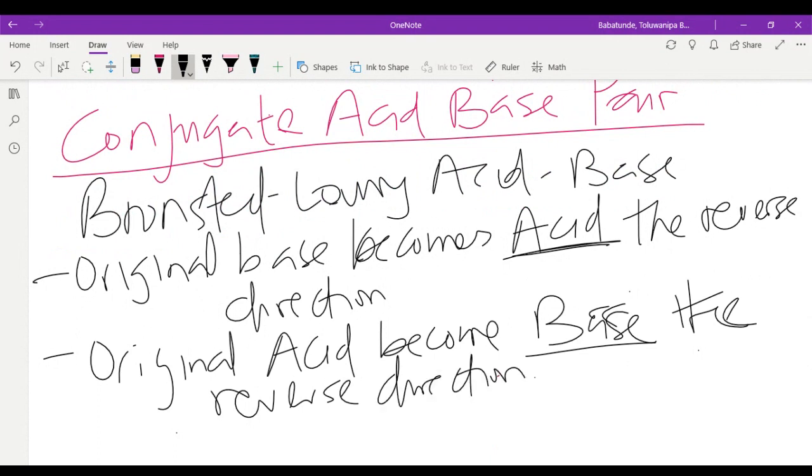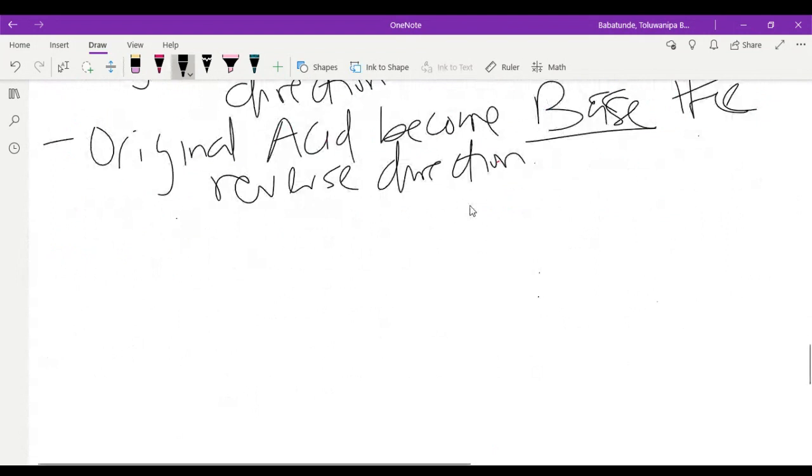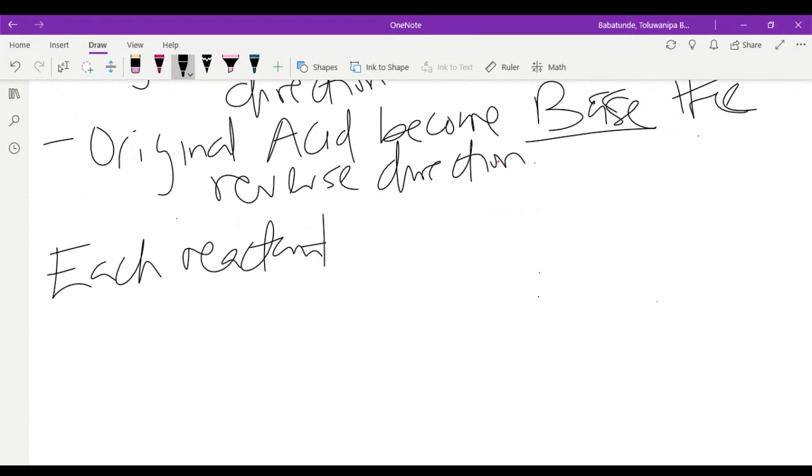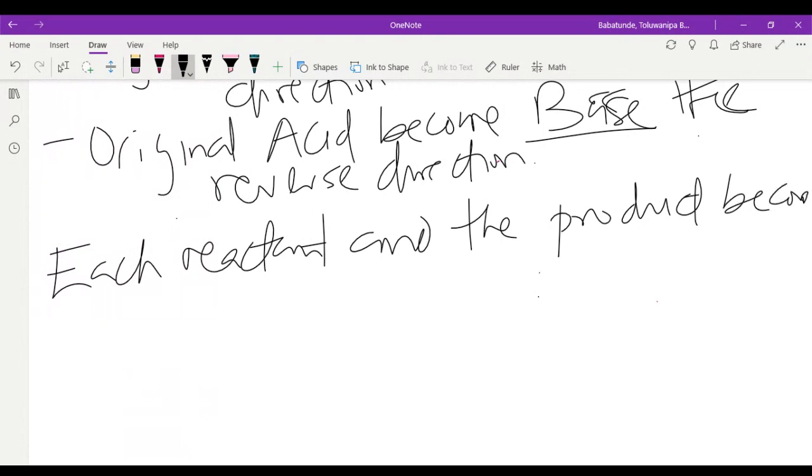So each reactant and the product is called a conjugate pair.